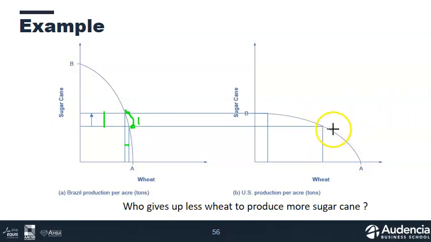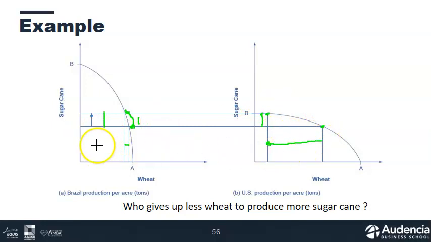In the United States, to move from this point to this point, I increase by the same amount of sugarcane as was the case here in Brazil, but I give up a lot of wheat to do it.